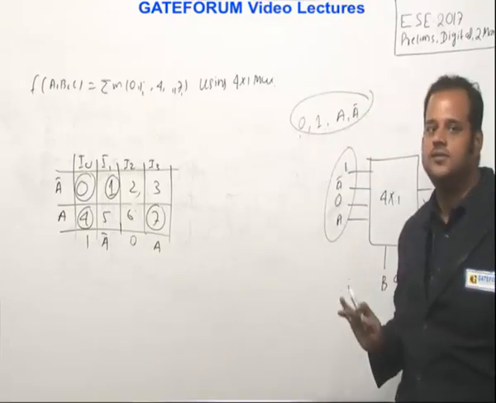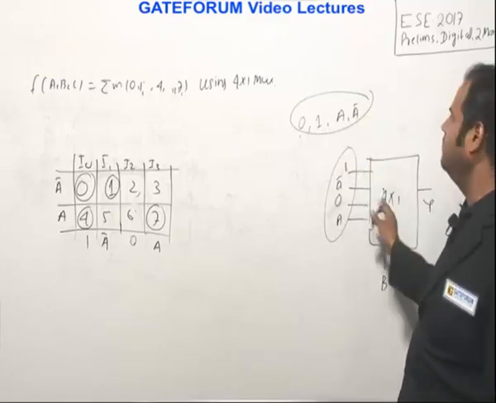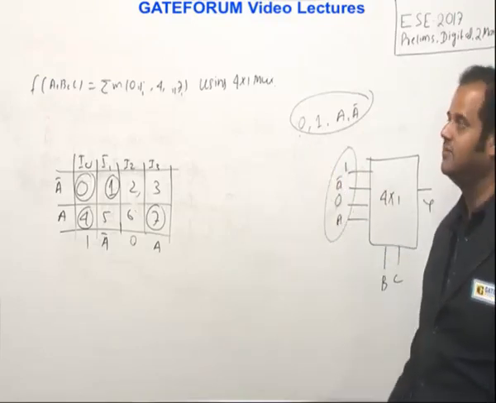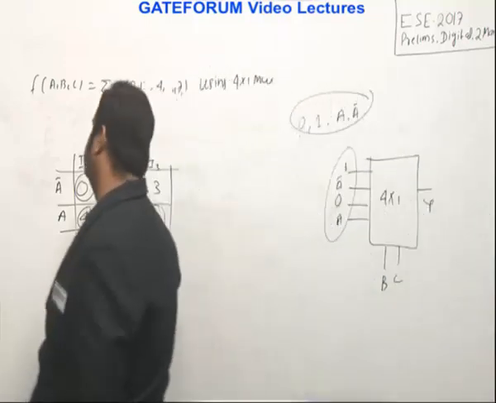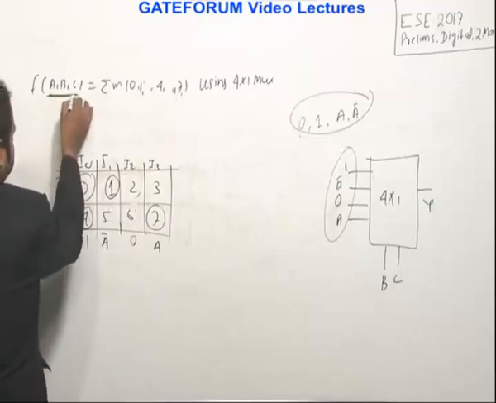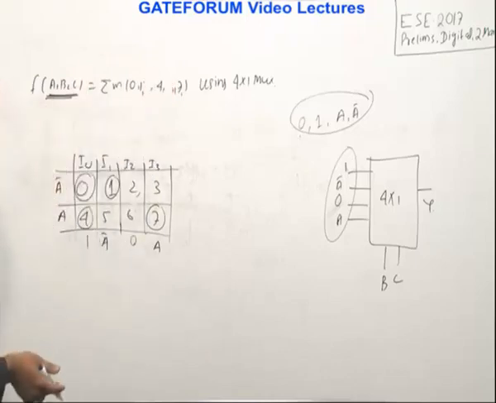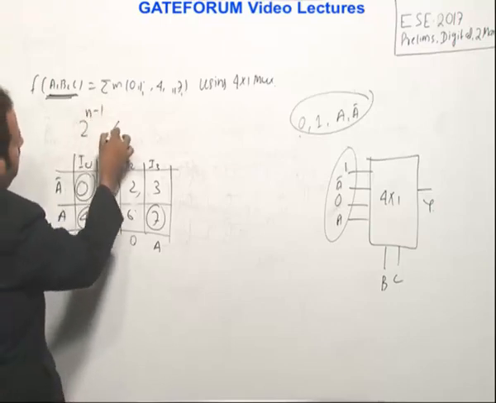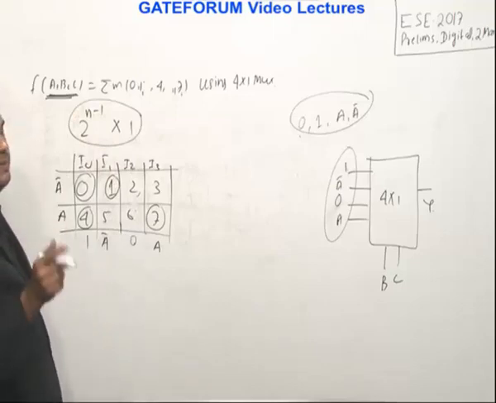So the point I want to tell is, only by using the NOT gate, by using a 4 cross 1 multiplexer, how many variable function are able to implement it? So 3 variable functions are able to implement it. So if I want to write it in a systematic format, because I have used here 3 variable things, any 3 variable functions, in the sense any min terms having 3 variables, can be comfortably implemented by using a 2 raised to power n minus 1 cross 1 multiplexer, provided I will be having the NOT gate.